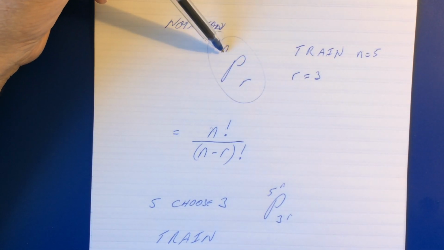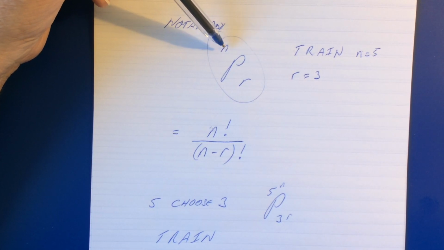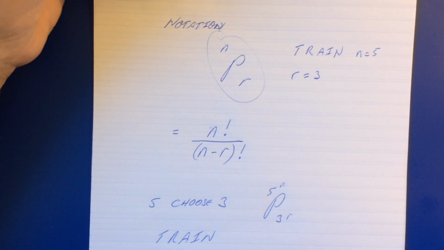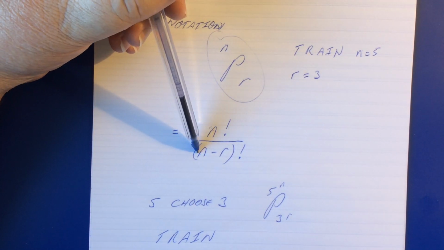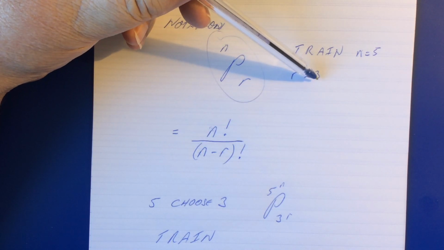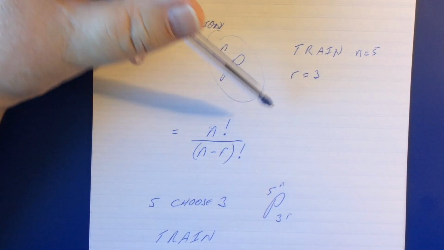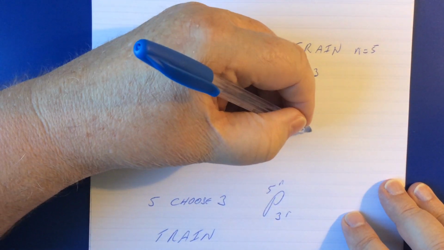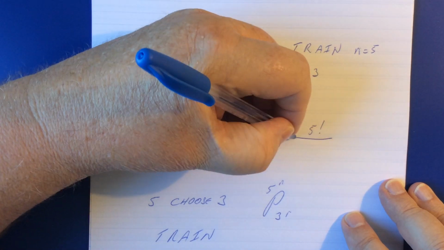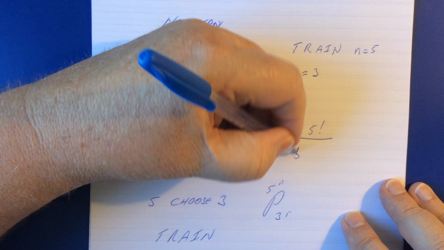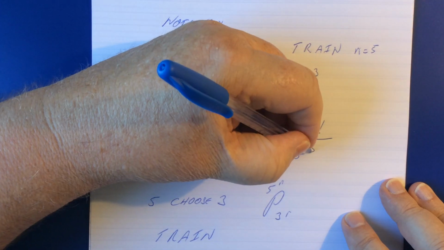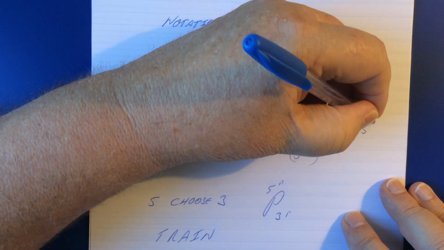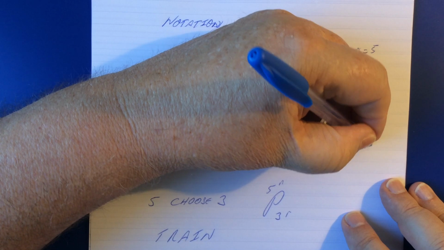And this is often referred to as, for instance, if it were 5 and 3, 5 choose 3. You might put it that way. Okay. So n minus r gives us 2. So when we set this up, n is 5, so that's 5 factorial, over 5 minus r, where r is 3, factorial, which is 5 factorial over 2 factorial.